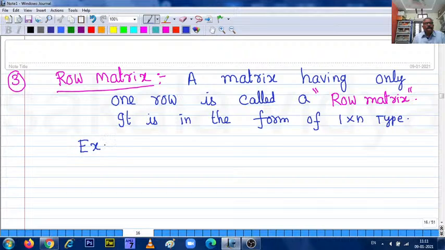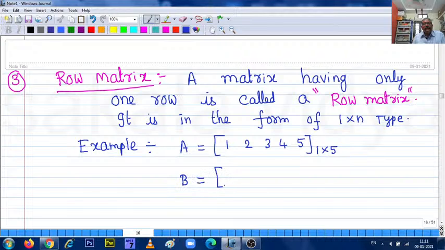Example, A equals 1, 2, 3, 4, 5. How many rows are there? Only one row. How many columns? 1, 2, 3, 4, 5 columns. 1 by 5. Another example, A, B, C, D, and so on up to Z. 1 by 26. So these are examples of a row matrix.